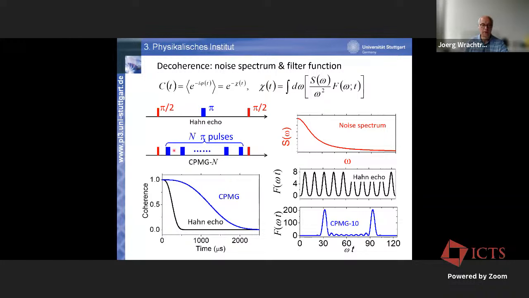By applying a large number of these pulses, you can generate filter functions for noise which have a rather narrow frequency band and a high dynamic range. And this is how we measure these noise peaks. Because if I change the pulse spacing, I change the frequency at which this filter function is transmissive. And by this, I can scan my S of omega noise spectrum.